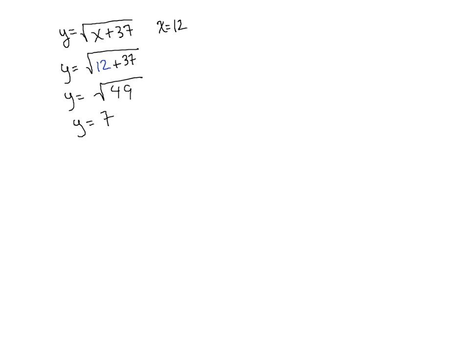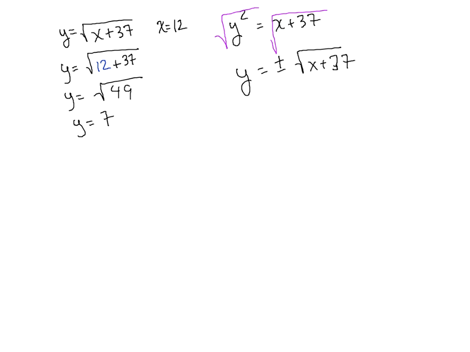Okay. It is a function. I put in a value of 12. The only thing I'm going to get back out of that is 7. Now, if this had said y squared equals x plus 37, and you still needed to isolate y, so you take the square root of both sides, there's that situation that's going to be set up to make you have to go positive or negative square root of x plus 37.